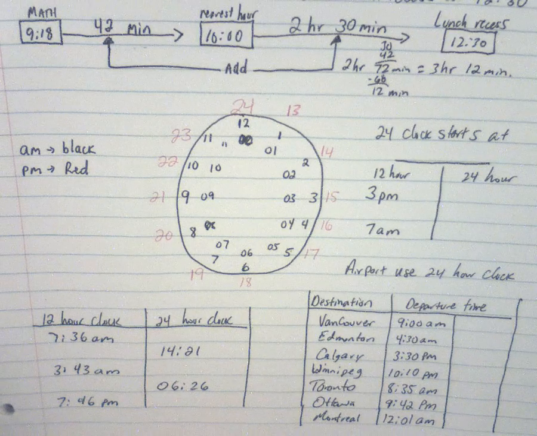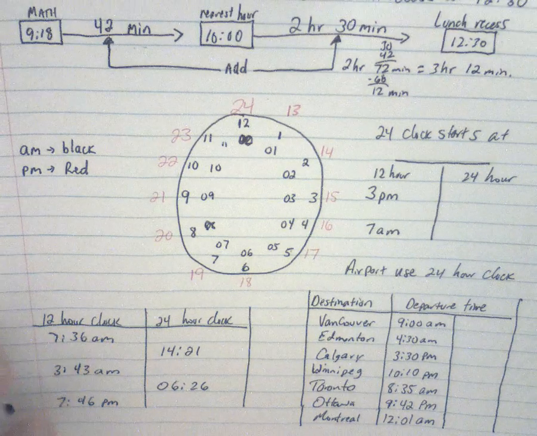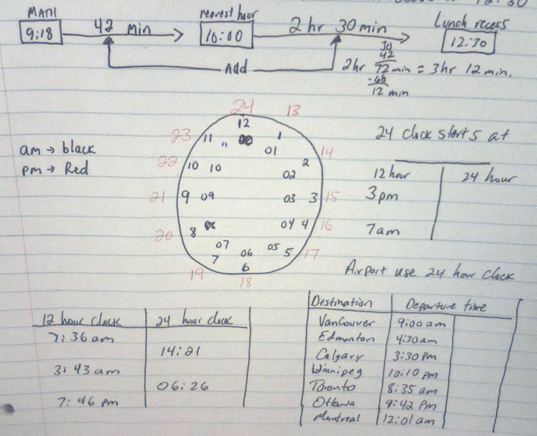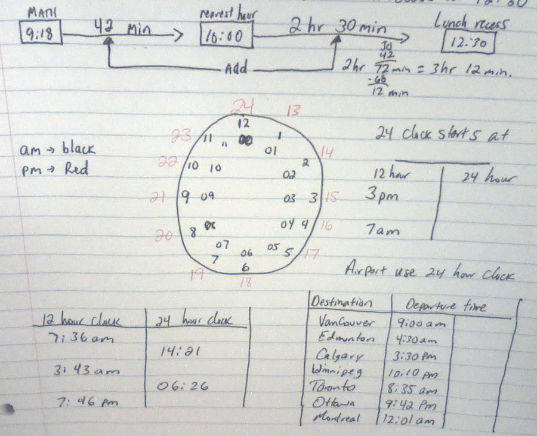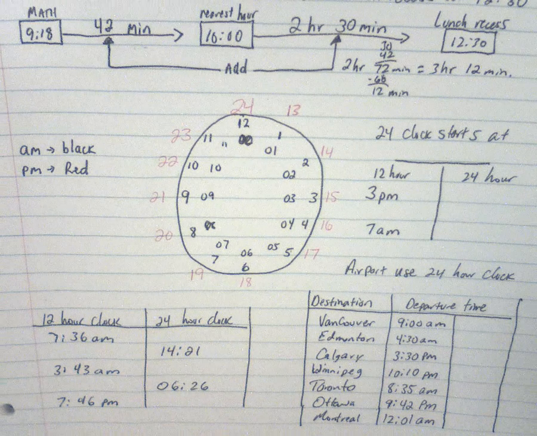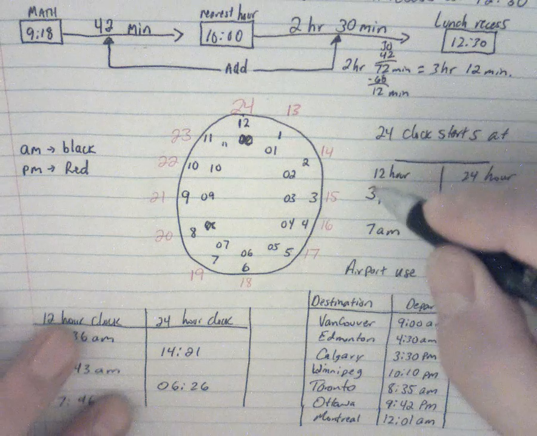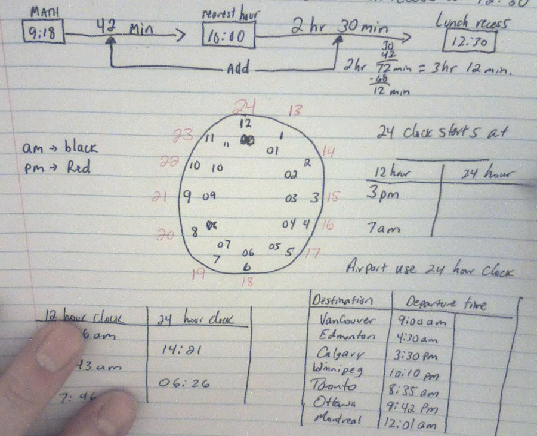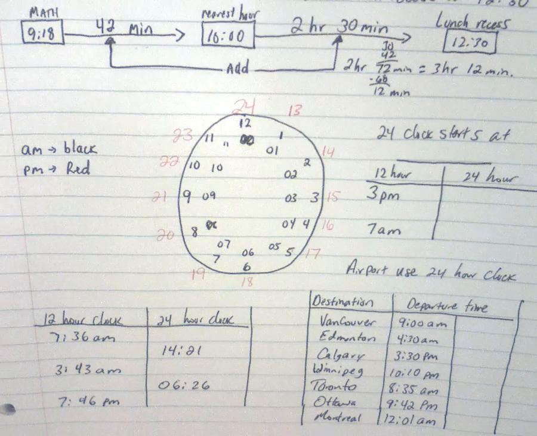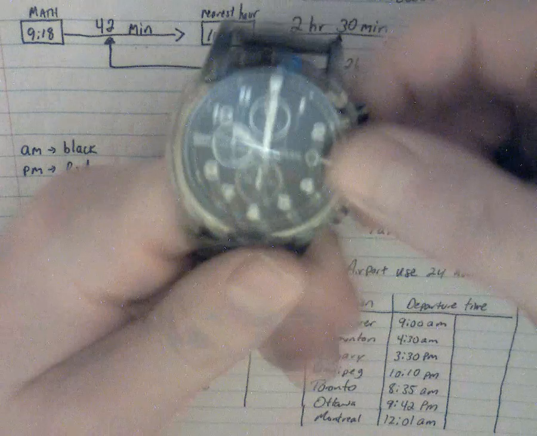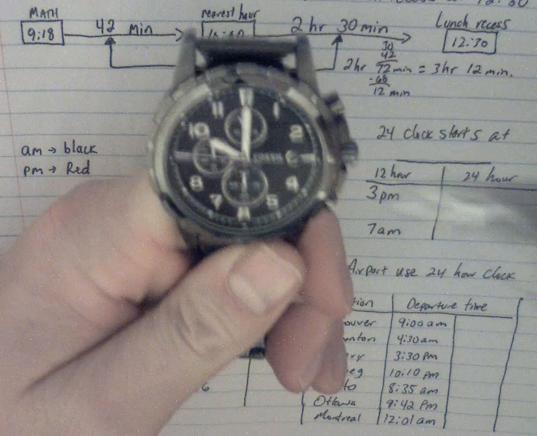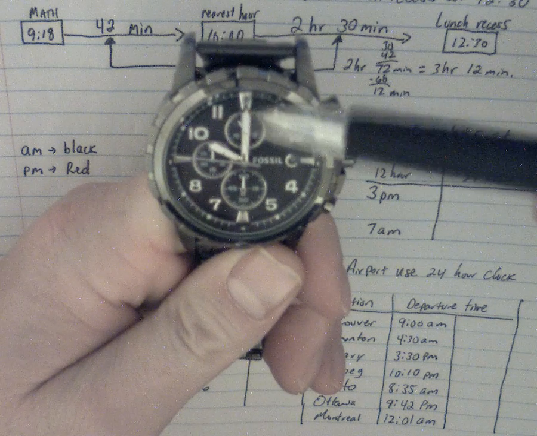Time in between events. What we're going to look at next is the 24-hour clock. Okay, the 24-hour clock is very simple in its concept. You're used to the 12-hour clock. If you look at my watch, you're going to notice that the 12 is missing.